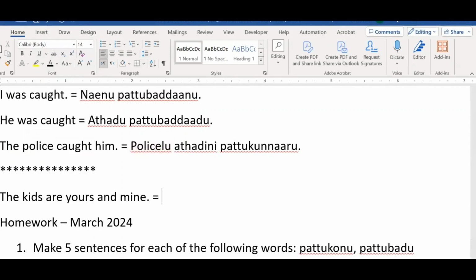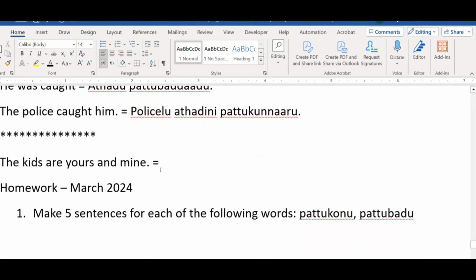The kids are yours and mine. పిల్లలు. Yours, mine, పిల్లలు. But usually we don't say it like this. We can say Mee Naa పిల్లలు. Mee means yours, naa means mine. Mee naa పిల్లలు. The kids are yours and mine. This is just a straight translation.